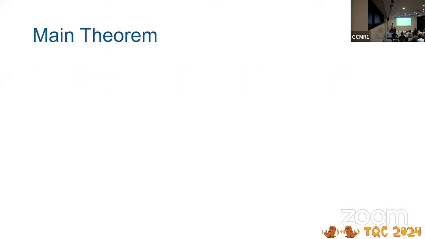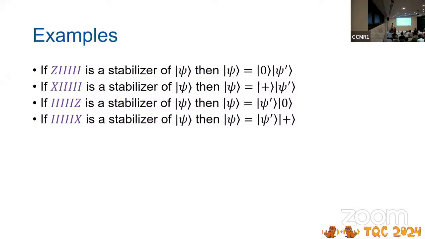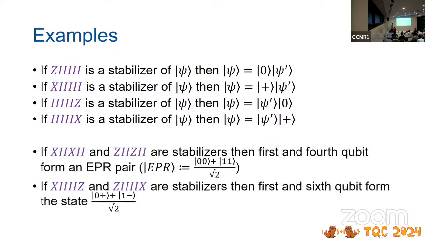Sorry for the notation, by the way. So for instance, if the first 3 qubits are Alice's, then ZII and XII would be in stab sub A, and these would be in Bob's because they only act non-trivially on the last 3 qubits. And these would not be in either of these sets because they act non-trivially on both the first and the last 3 qubits.